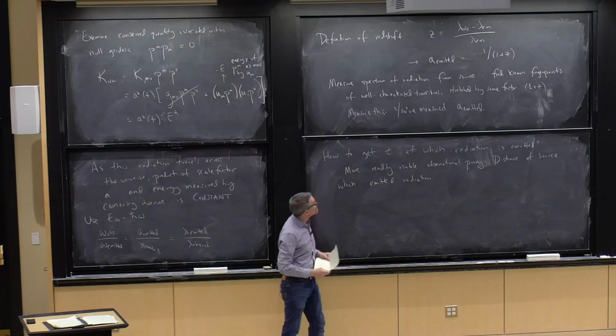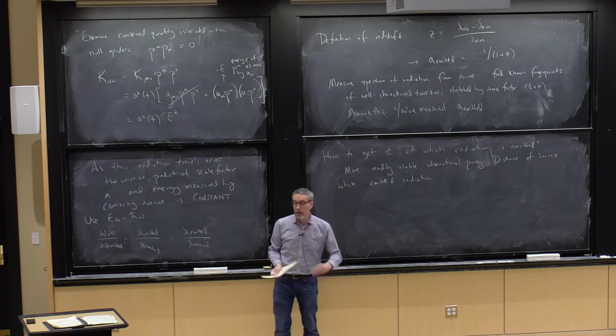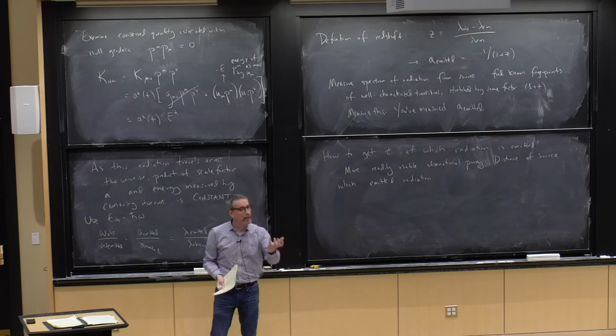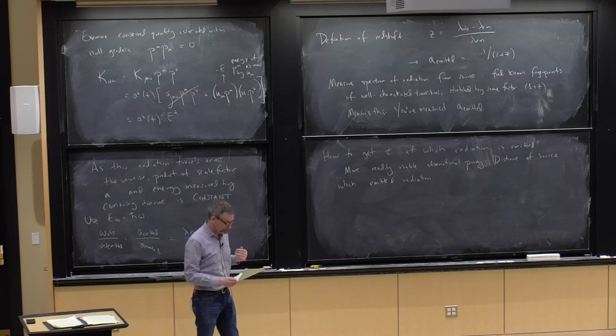So rather than directly building up A of t, we're going to build up an A of d, where d is the distance of the source.